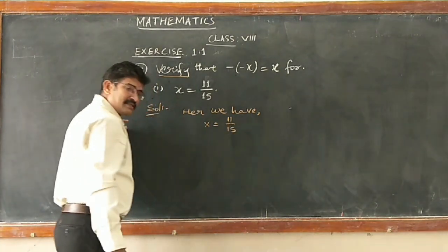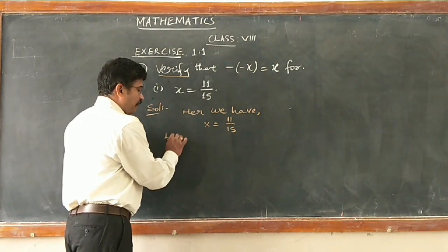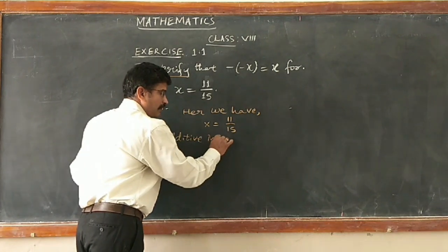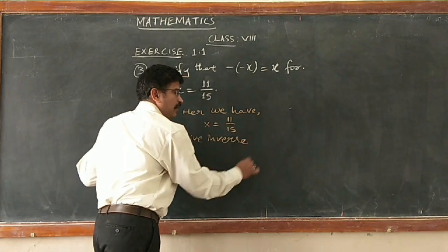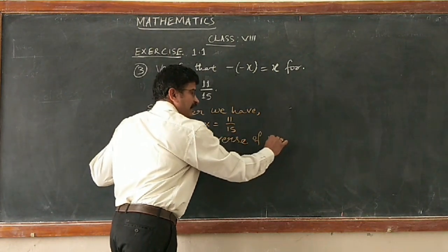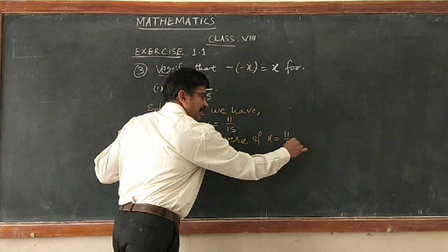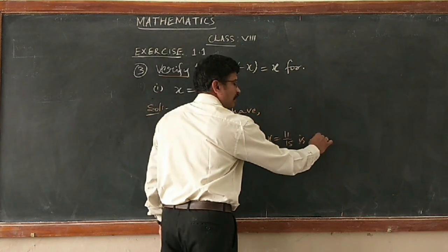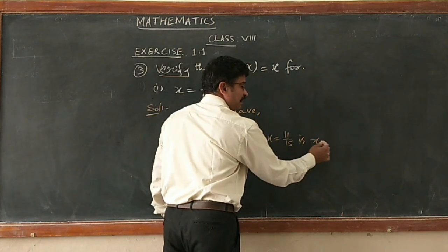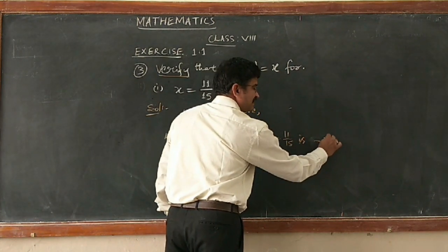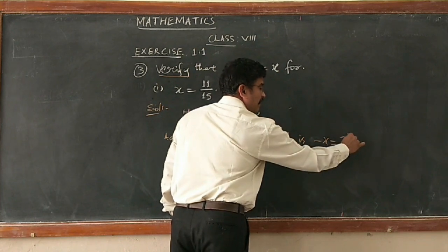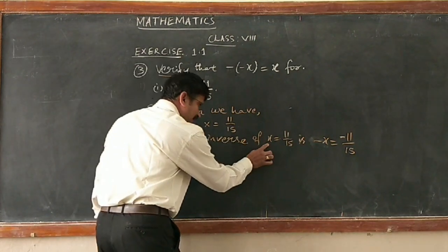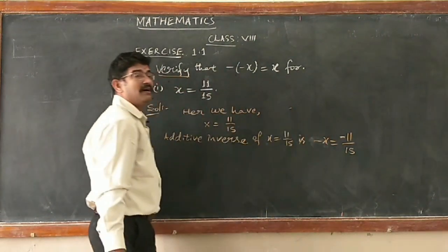Then, therefore, what is its additive inverse? So additive inverse of x equal to 11 upon 15 is minus x equal to minus 11 upon 15. How am I saying this?